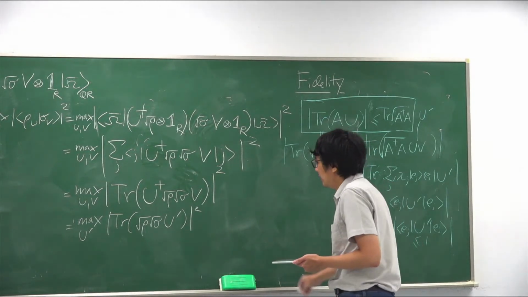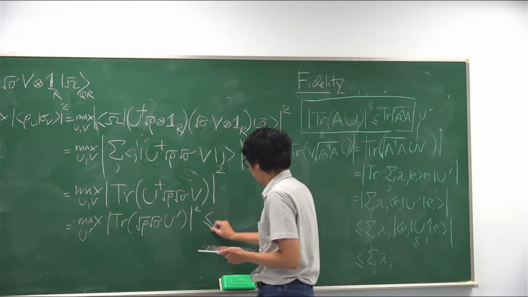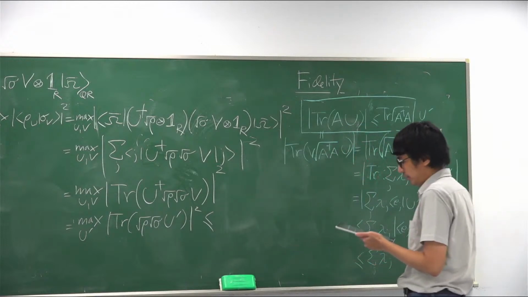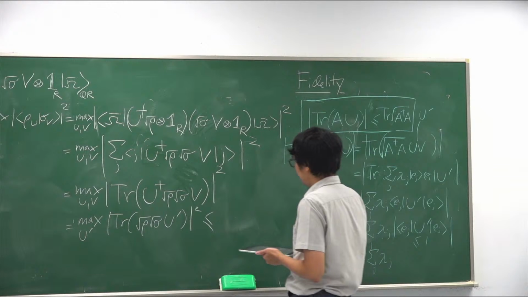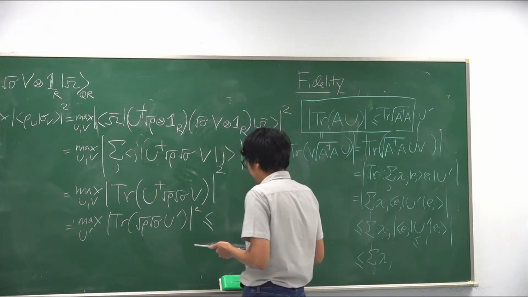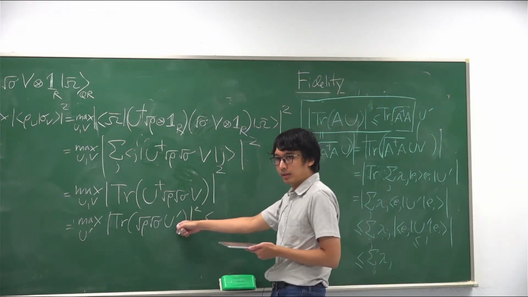Okay, so now we can do this, right? Just use that identity, which is maximizing over the unitary here.